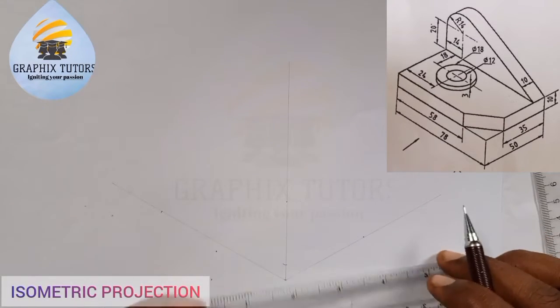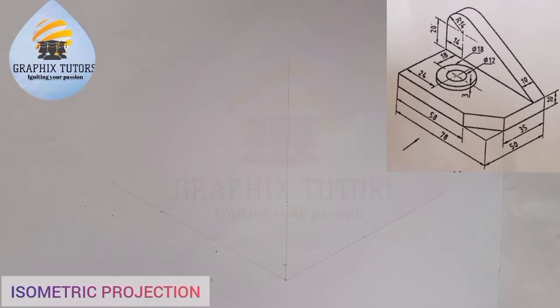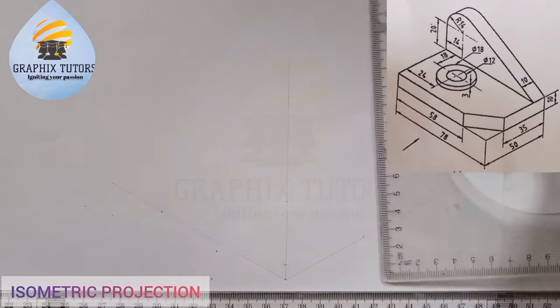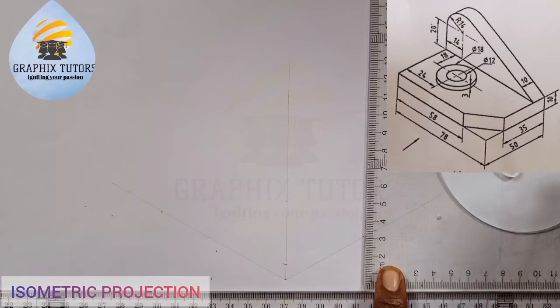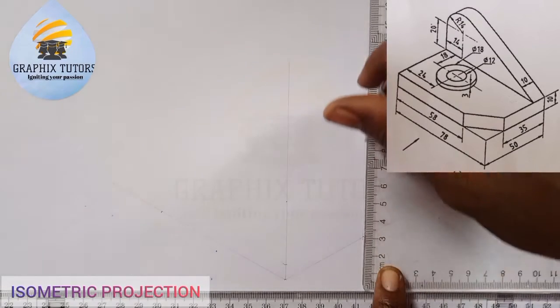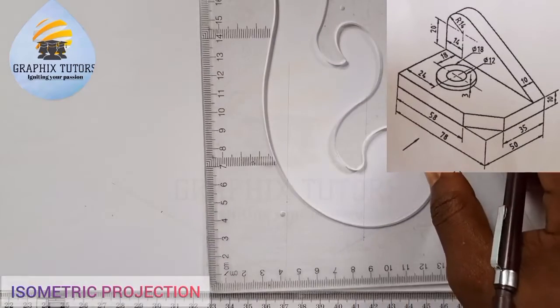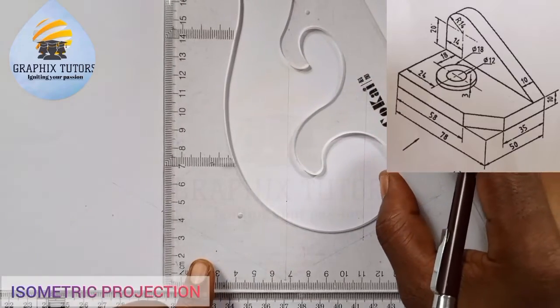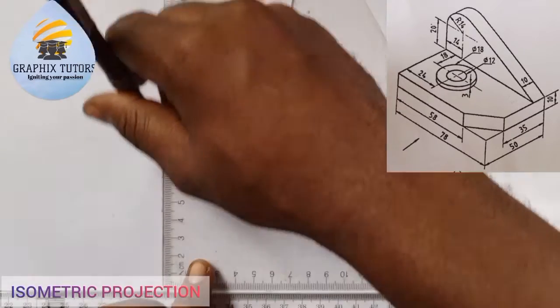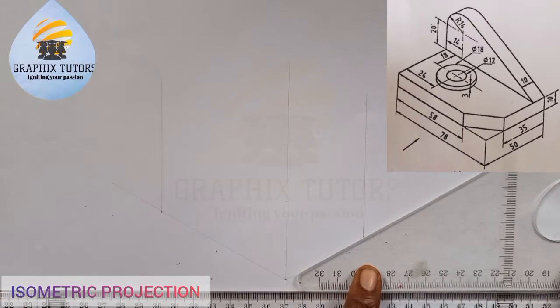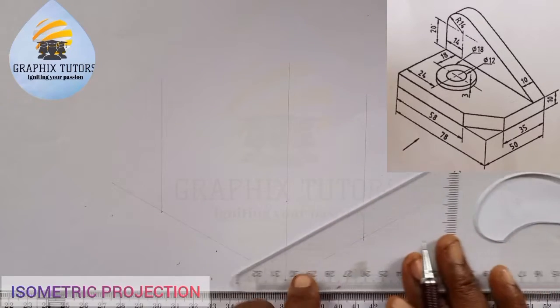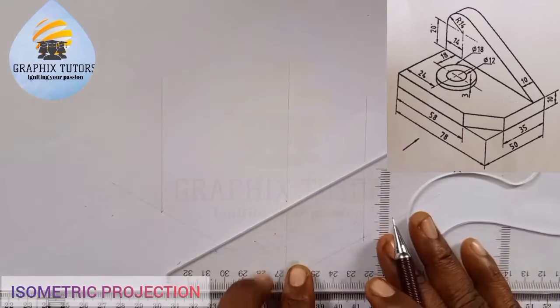Now I will take my set square and join those points together in this manner. I'll project this point upward, and I'll project this next point upward. Then at this point here, I'll move to the height of 44.